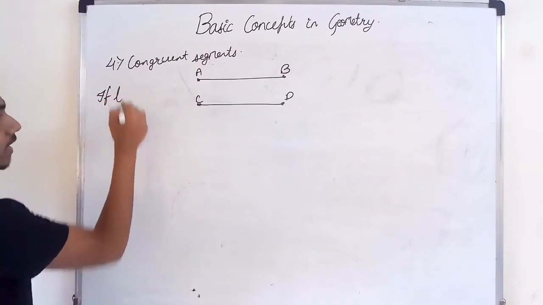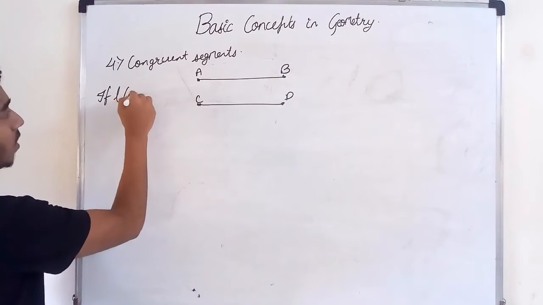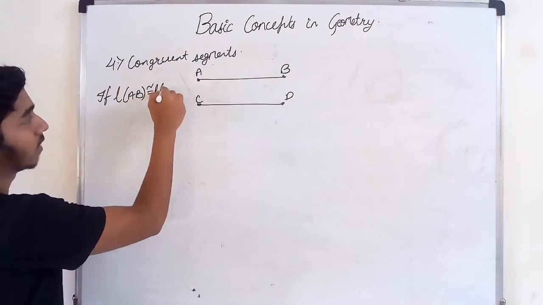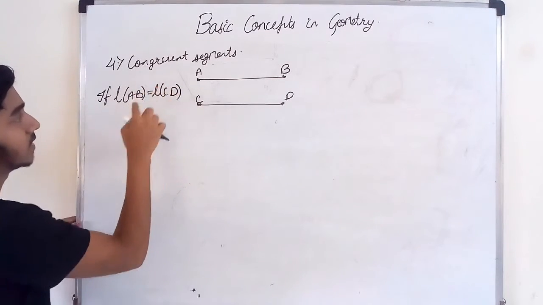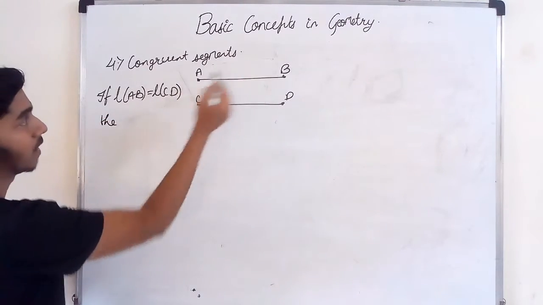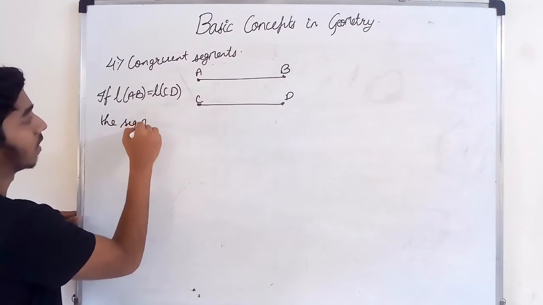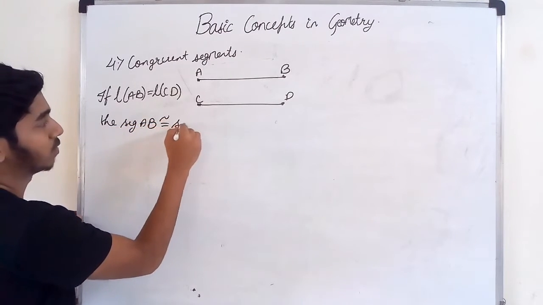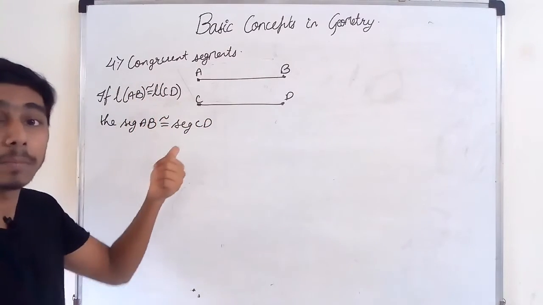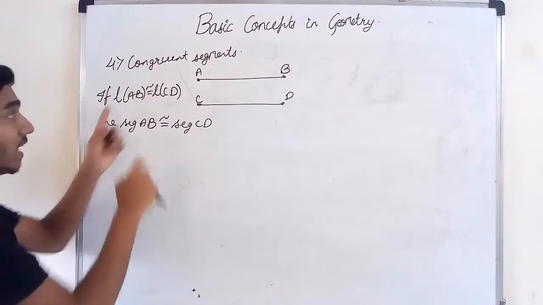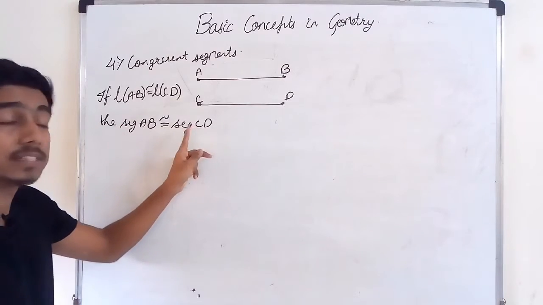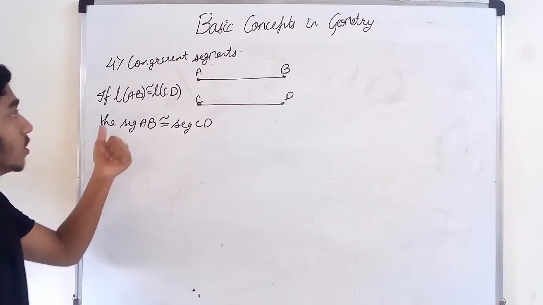If the length of segment AB is equal or congruent to the length of CD, then we can say segment AB is congruent to segment CD. You can say equal or congruent, it means the same. If their lengths are congruent, then the segments are congruent too. I hope you have understood.